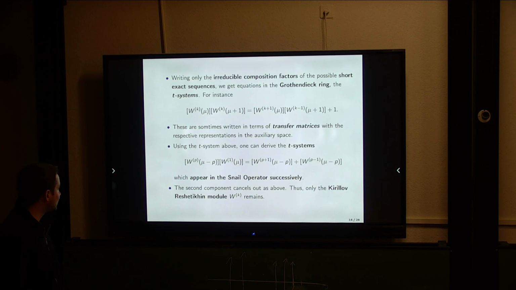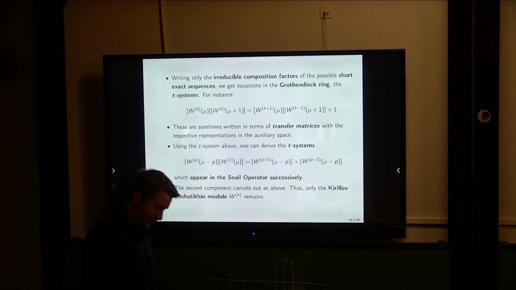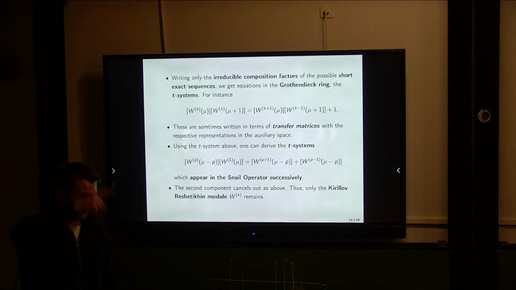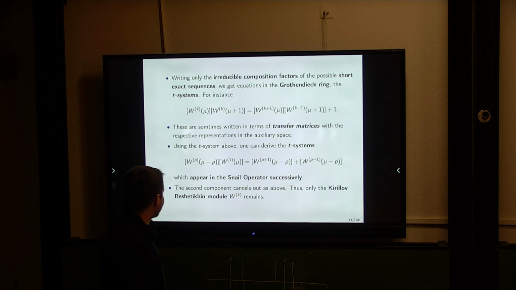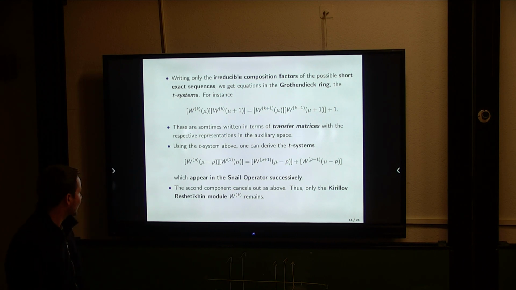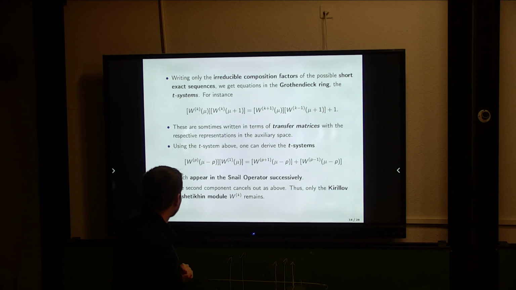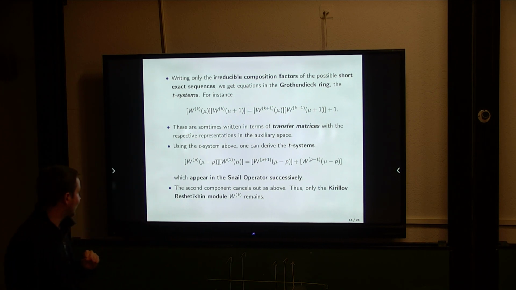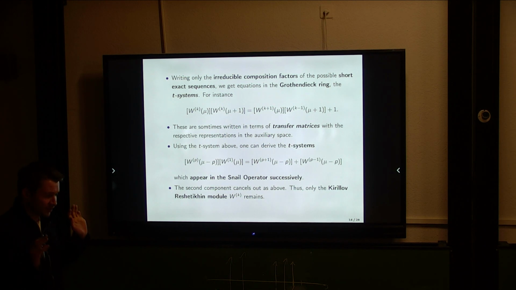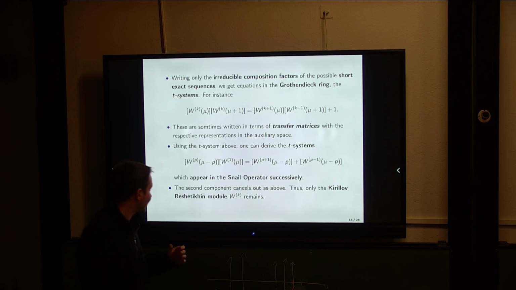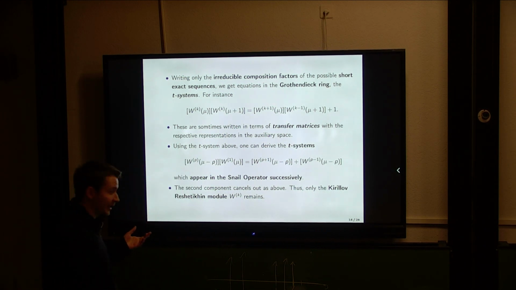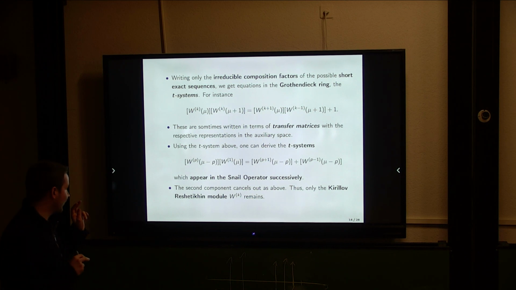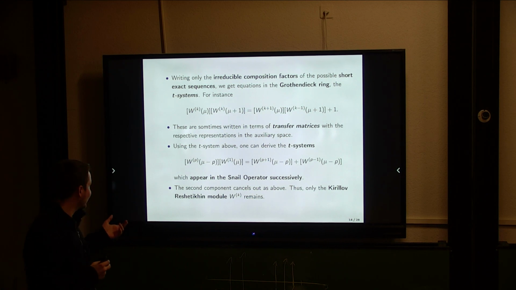So what we are interested in is writing the irreducible components of this kind of tensor product, of all possible short exact sequences that appear in the Snell operator. Mathematically, it is just an equation in the Grothendieck ring, and you can write it in terms of transfer matrices.